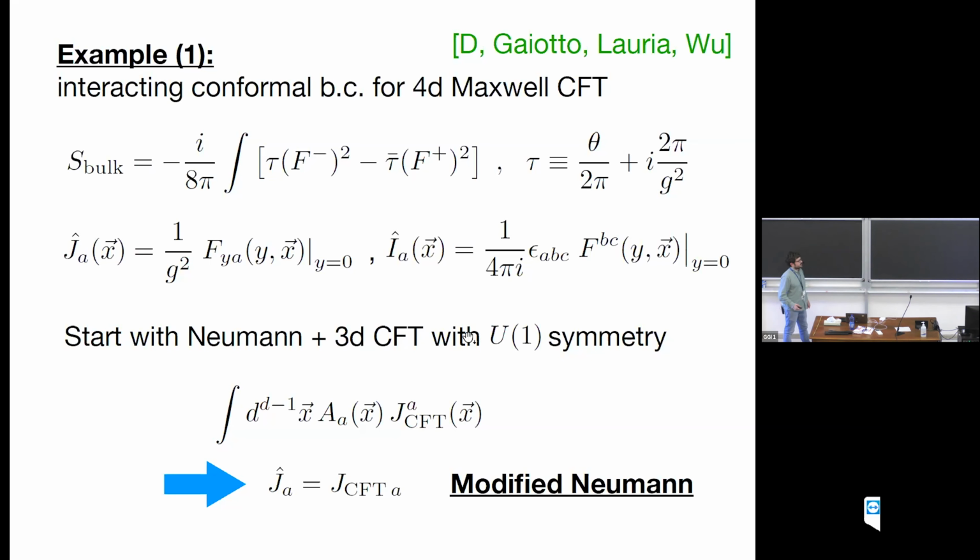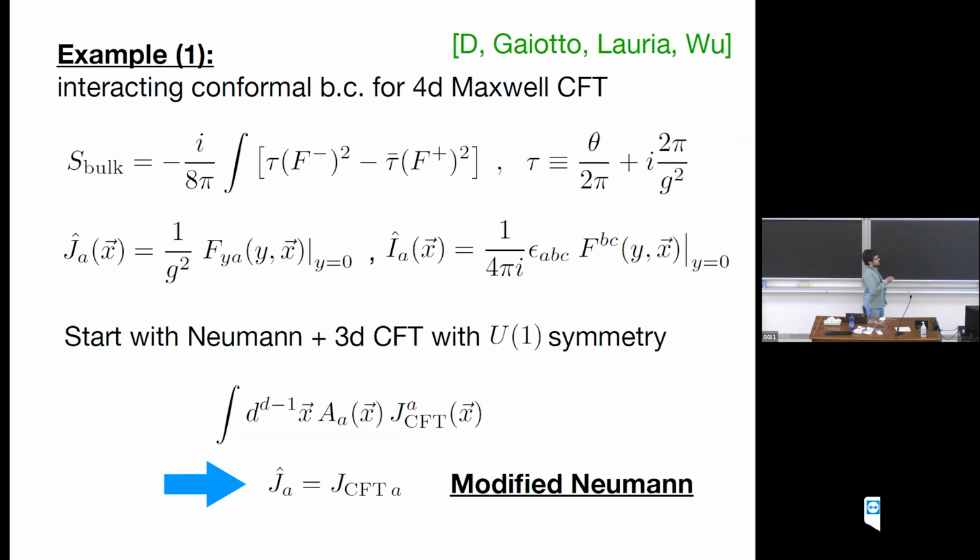And then, starting with Neumann for the gauge field, we can turn on this coupling between the boundary value of the gauge field and the current. So in a sense, gauging this current with the bulk field. And this leads to this modified Neumann boundary condition. So the original Neumann was when JA was 0. And after we turn on this interaction, JA will be identified with the current of the CFT.